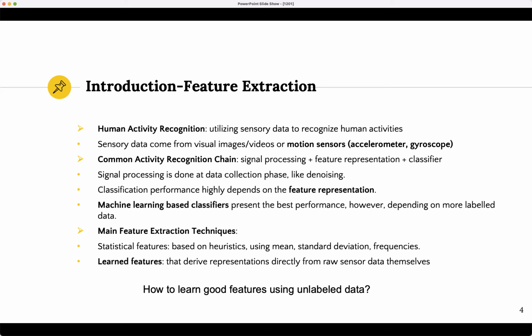But more recently, researchers turn to finding better learned features that derive representation directly from the raw sensor data themselves using machine learning techniques. One subfield in feature extraction tries to answer the following question: how to learn good features using unlabeled data, which is what I'm going to introduce next.